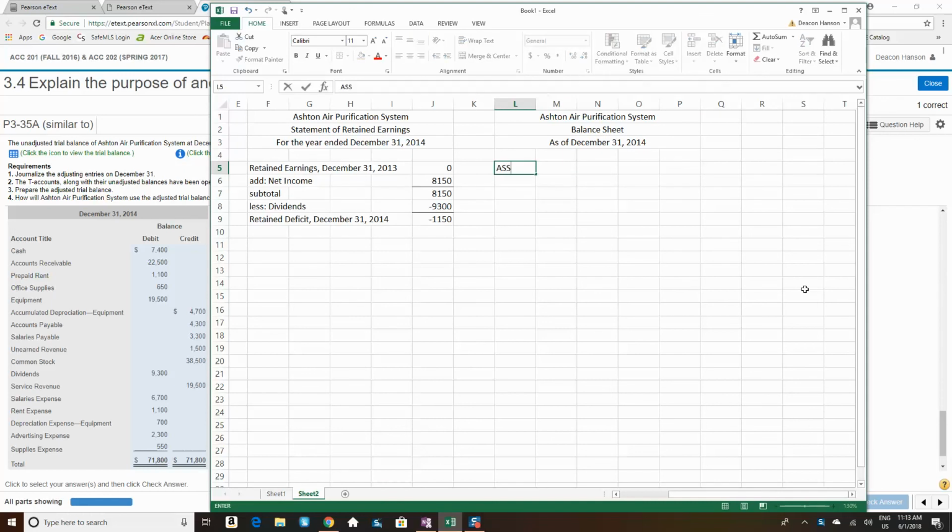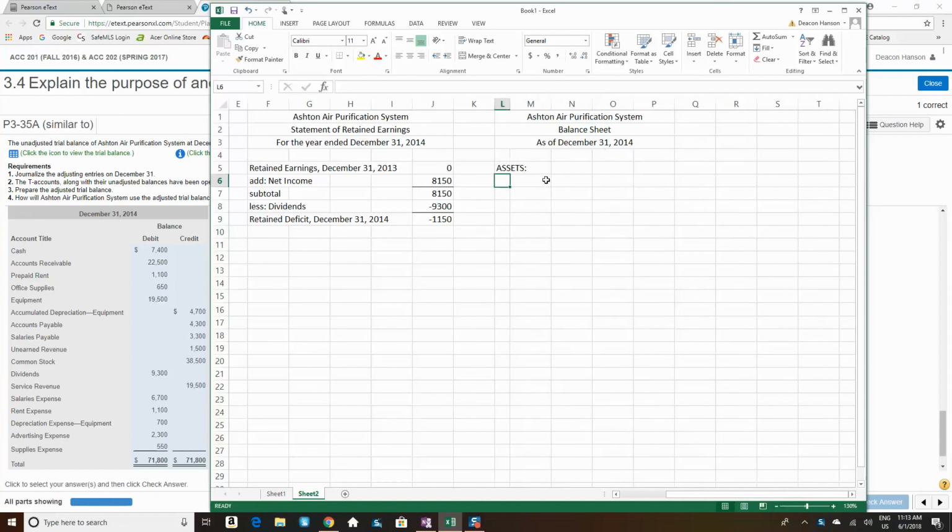So you would list your assets. We're going to do it in real rudimentary form. We're not going to categorize them yet. We'll start and see, if you set your trial balance up in an orderly format, you can just go down the list. So we got cash, we got accounts receivable, I'll just abbreviate AR for accounts receivable. I'll spell it out for you.